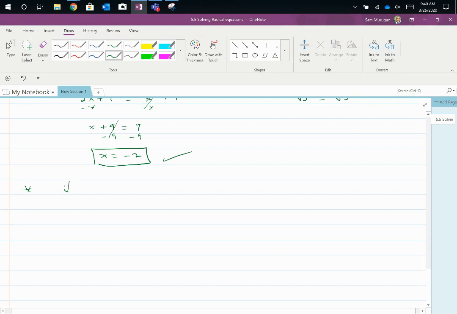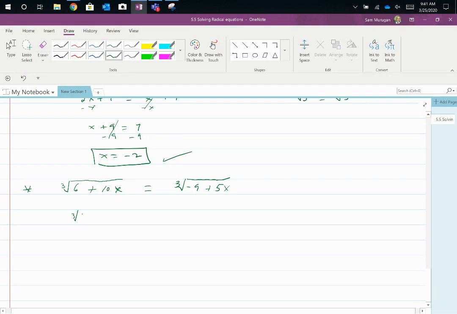Cube root of 6 plus 10x is equal to the cube root of -9 plus 5x.